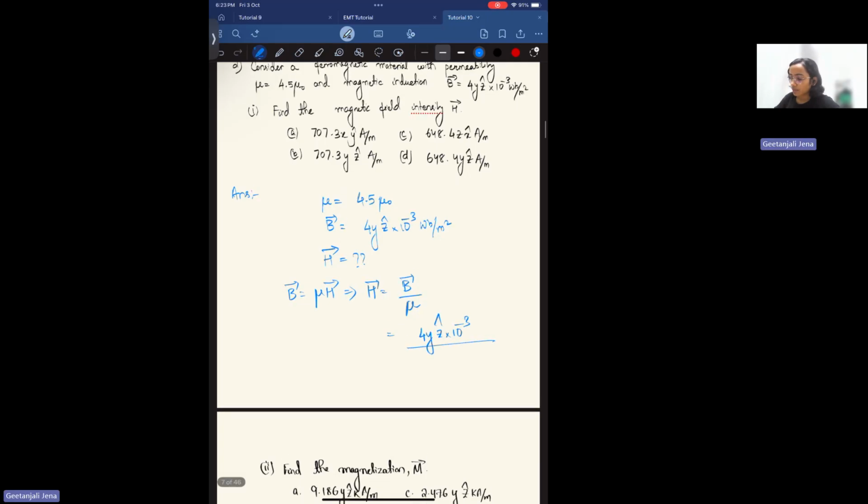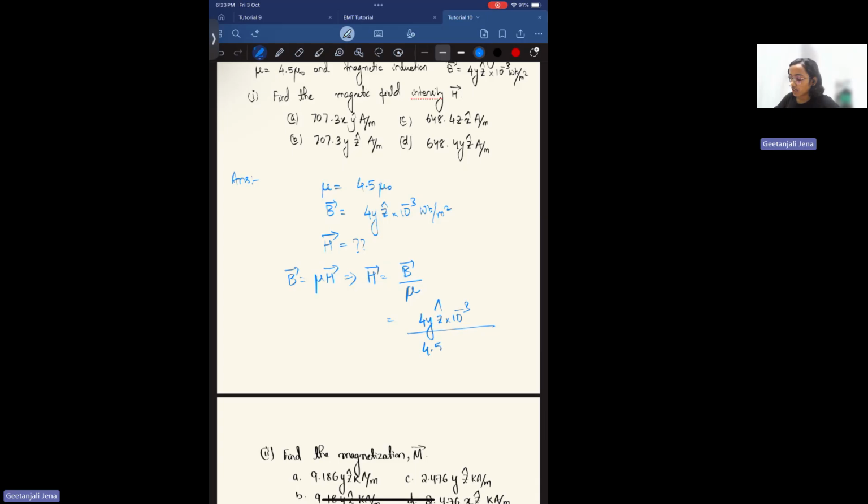Mu is 4.5 mu naught, and mu naught value is 4 pi into 10 to the minus 7. If you simplify it, you will get the value around 707.3 yz cube ampere per meter. That means the magnetic field intensity is option B.